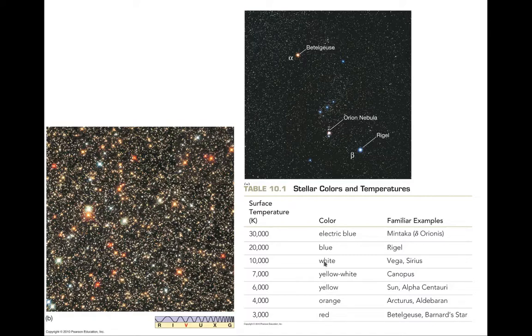As it gets hotter, Vega is a white star, really bluish, and then Rigel is a blue star, 20,000 degrees, and then there's Mintaka or Delta Orionis, which is at 30,000 degrees Kelvin, so that appears basically electric blue. There's Betelgeuse there, being bright red. There's Rigel right there, being quite blue.